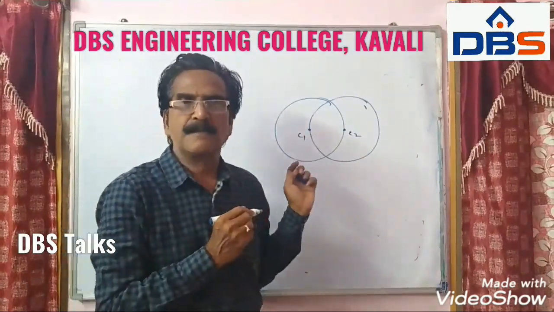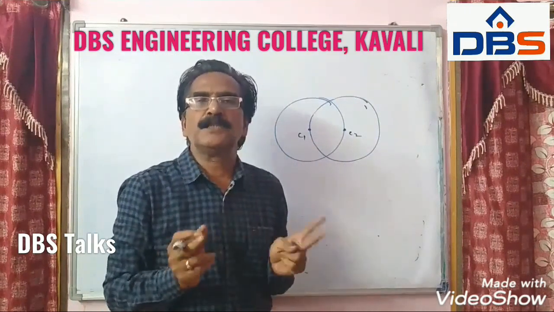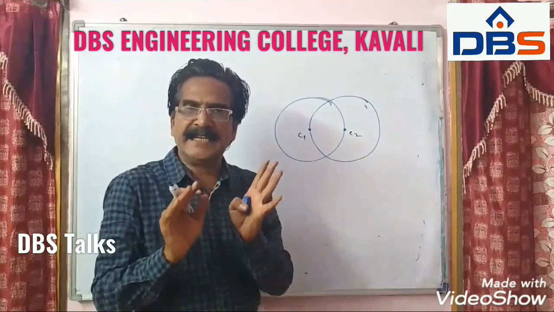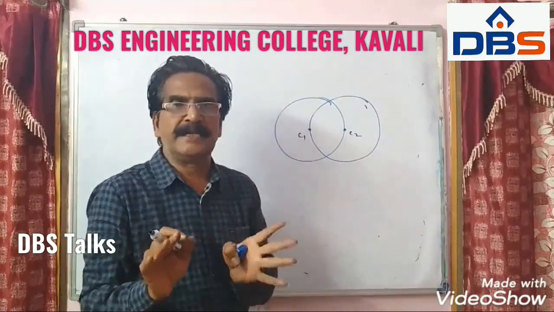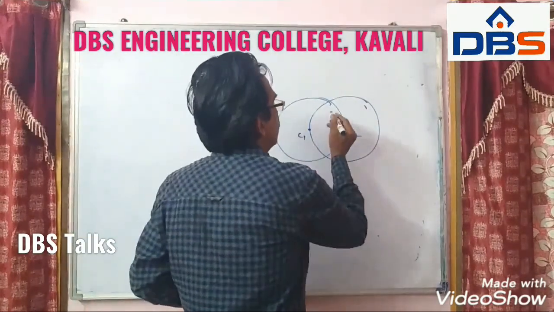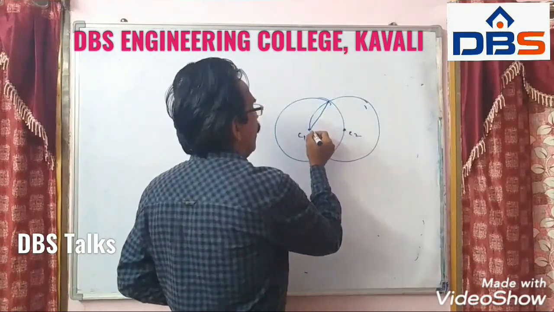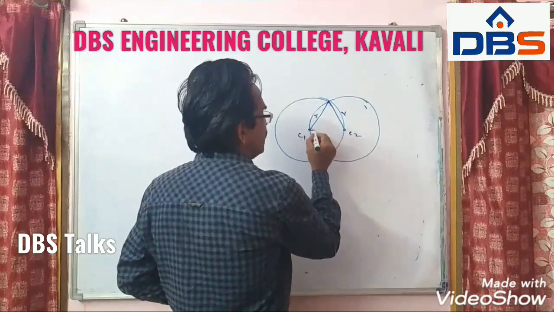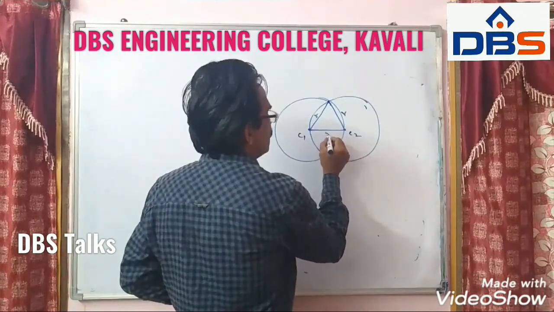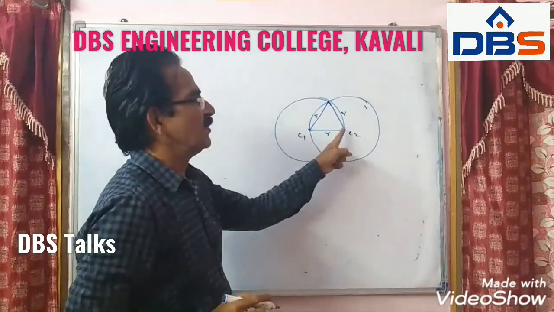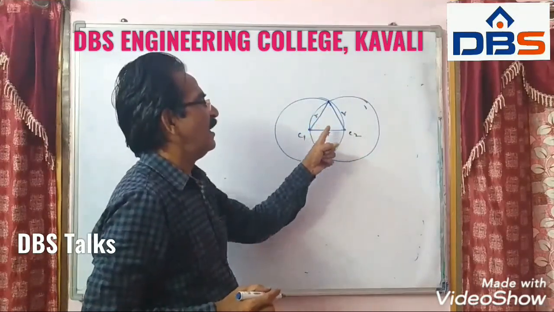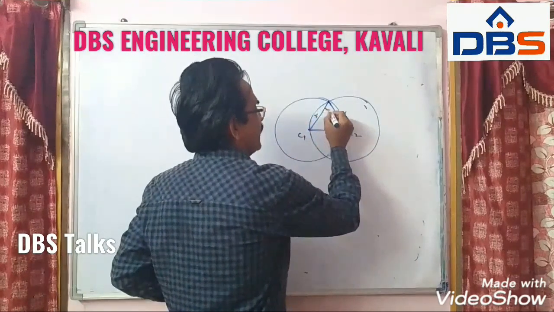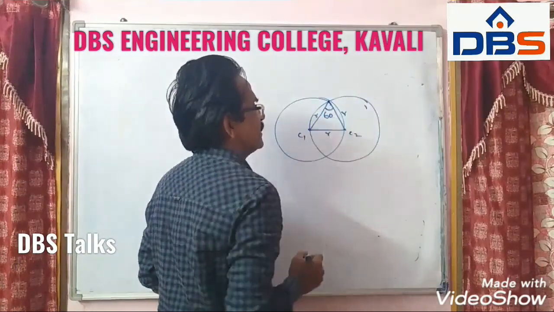So if two circles are passing through the centers of each other, then their radii are same. See, this is R, this is R, and this is also R, friends. This is an equilateral triangle. Here the angle is 60.